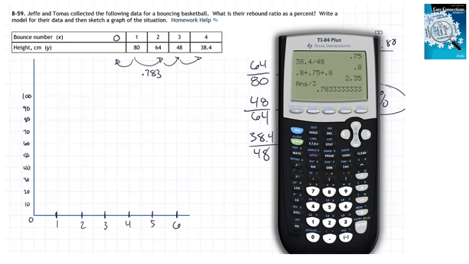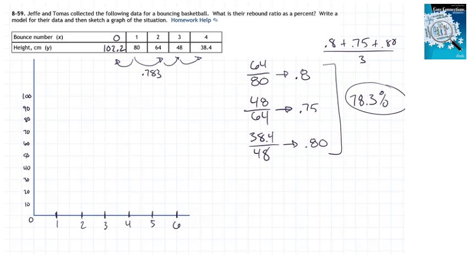So let's take the 80 and divide that by 0.783. And when I do that division, I'm at 102.2. So if I go with that as my 0th term, the initial height before the ball's bounced at all, I can write a model for it.